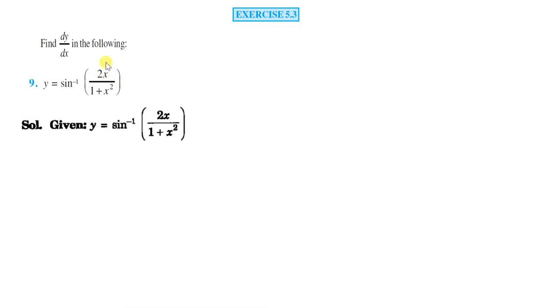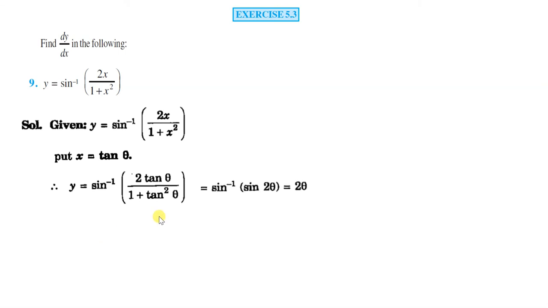Here we can make the substitution x is equal to tan theta, because we have a formula for that. So put x equal to tan theta, then it becomes sine inverse of 2 tan theta upon 1 plus tan square theta, which is equal to sine 2 theta.